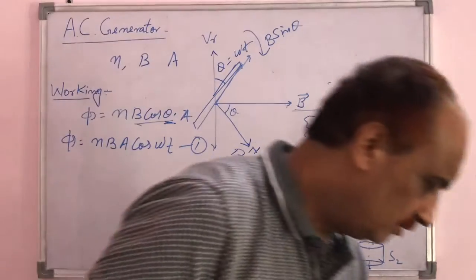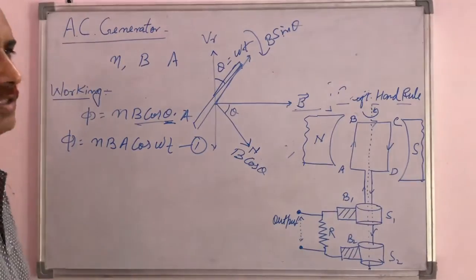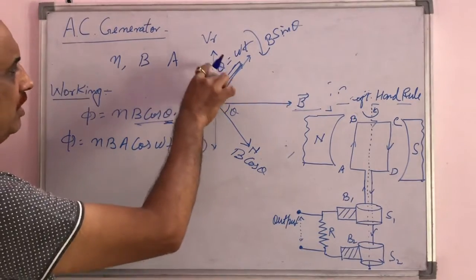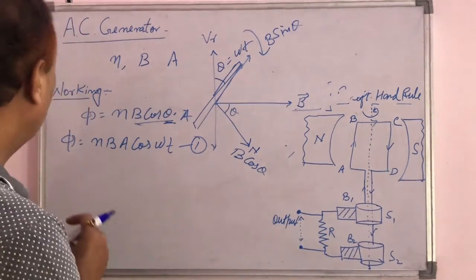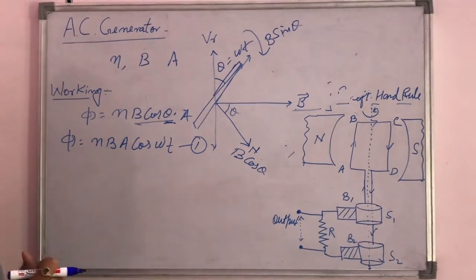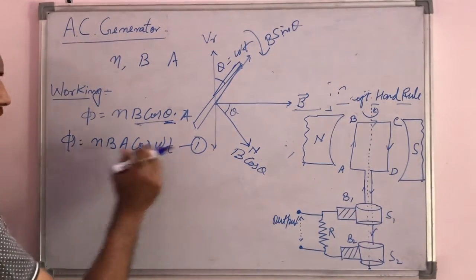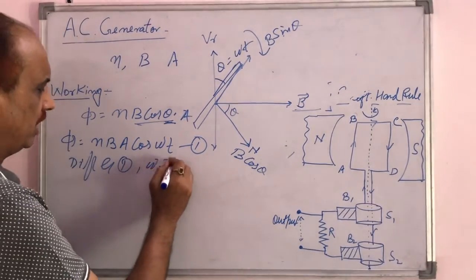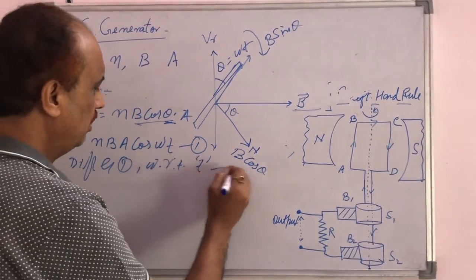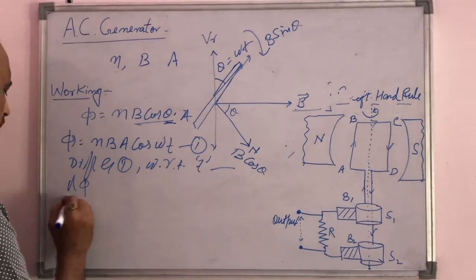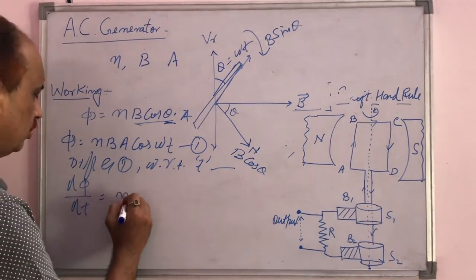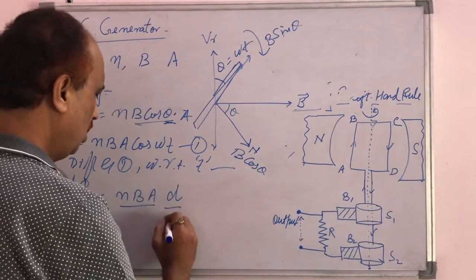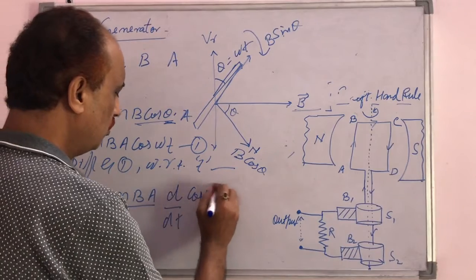So this much magnetic flux is produced in the coil when the coil rotates by angle theta from the vertical. Now to find the rate of change of magnetic flux, we have to differentiate equation 1 with respect to t. So d phi over dt equals NBA, the constant term, times d over dt of cos omega t.